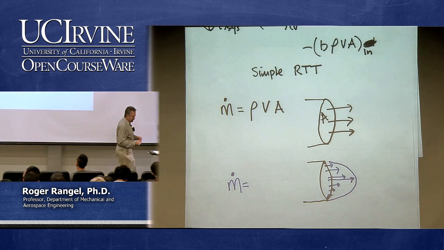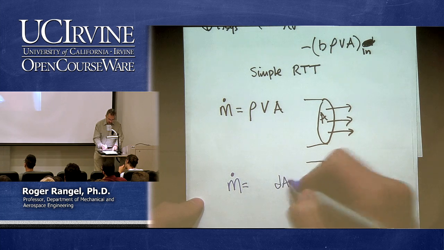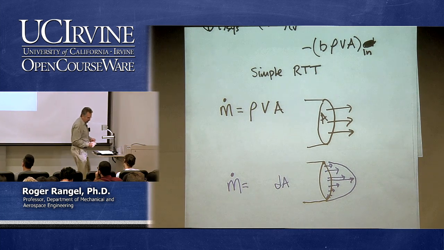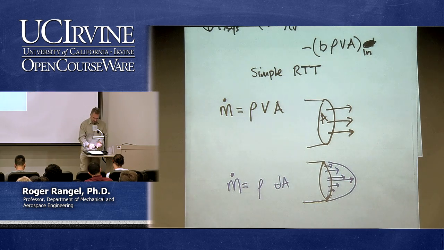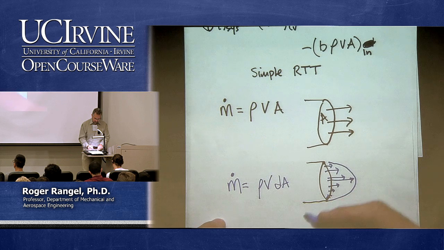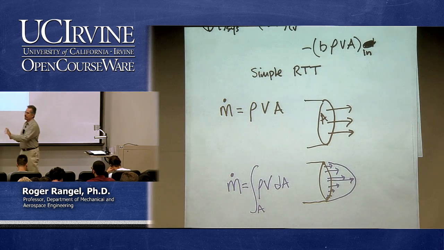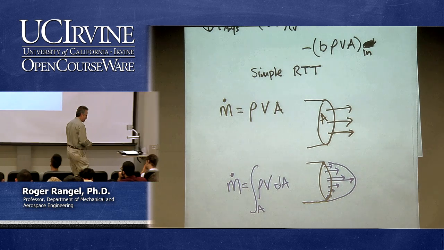You would divide it into sections, and those sections would be differential areas. Right? So I would just look at differential areas, and then all I have to do is take the density on that section, take the velocity on that section, and then, of course, integrate the whole thing over the area. And that would be a very accurate way of computing the mass flow rate.